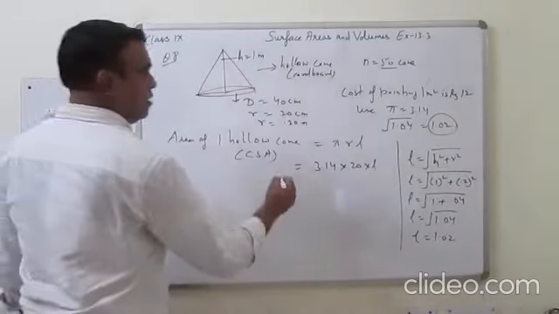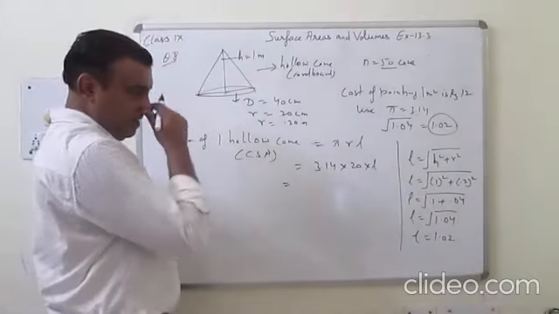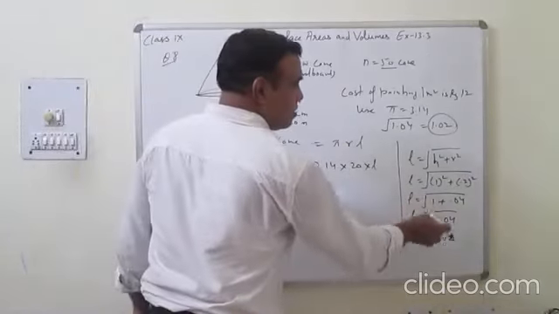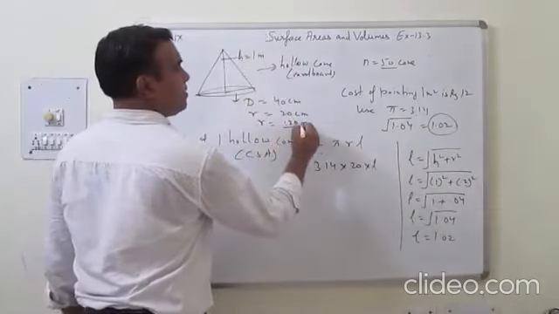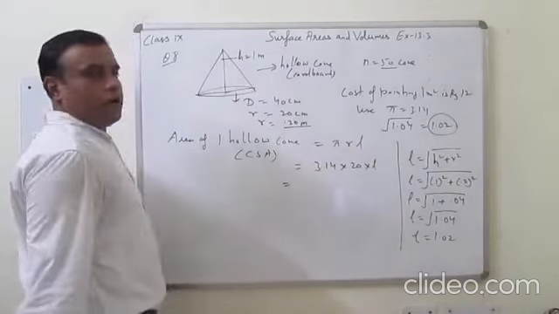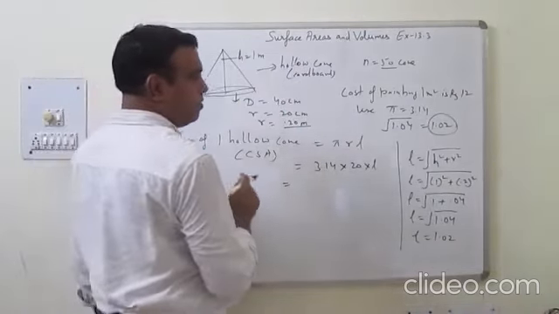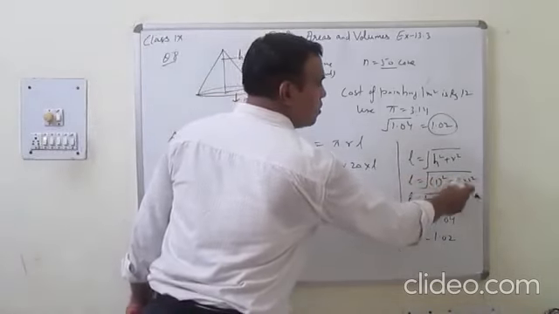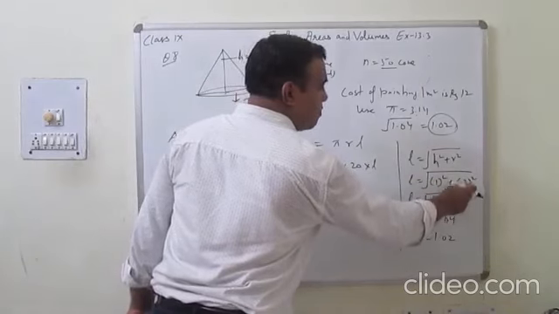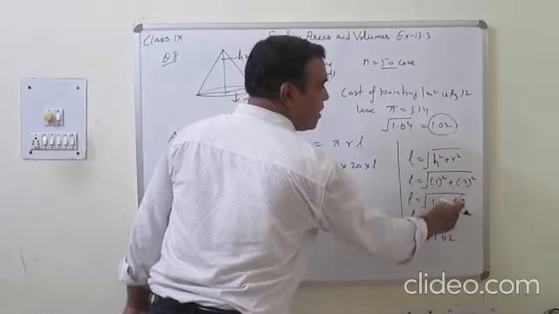Now putting the values. What you have taken r here? 0.20 meter. Convert into meter. 0.20 means 0.2. Square it, it is 0.04.